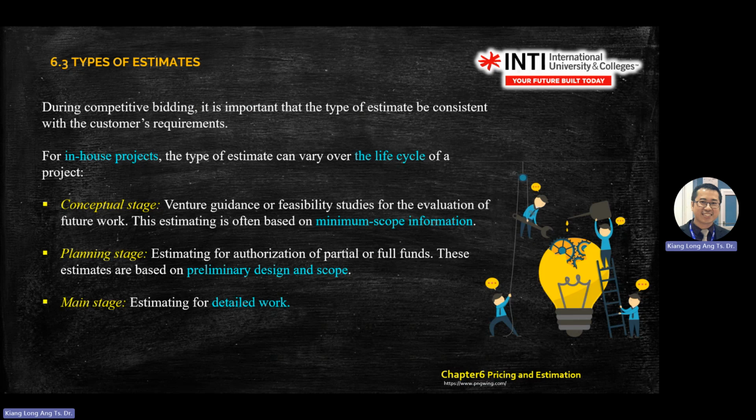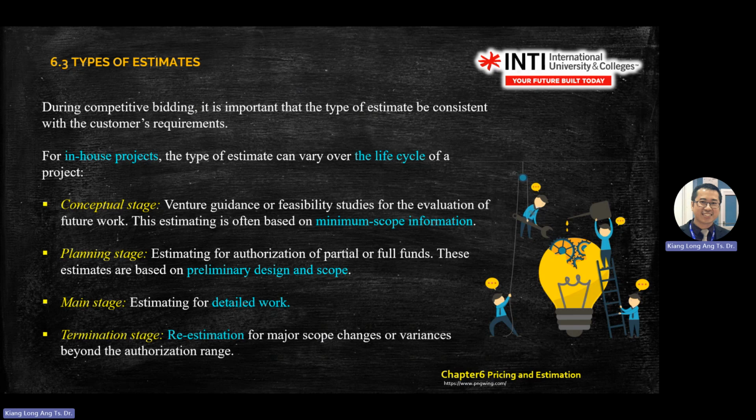Okay. Now, when you do an estimate, it's during bidding. During bidding, the type of estimate will vary with the life cycle of the project. So you have 4 stages. For an in-house project, you have 4 stages: conceptual stage, planning stage, main stage, and termination stage. So this life cycle is important.